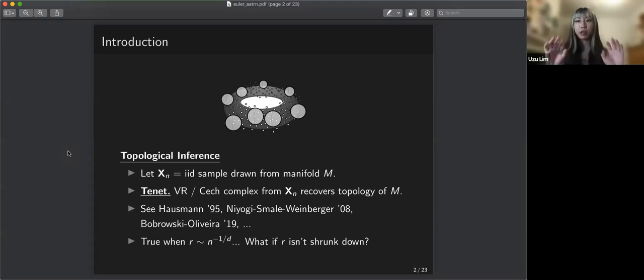There's a lot of results done in this recovering topology tenet. For example, starting from Hausmann's big paper in 1995, and there's another big paper by Niyogi, Smale, and Weinberger, 2008, and some more recent works have been led by Omer Bobrowski. So there's a paper in 2019, Bobrowski and Oliveira, also Matt Kahle, and many others.